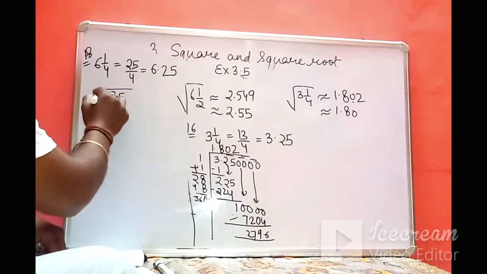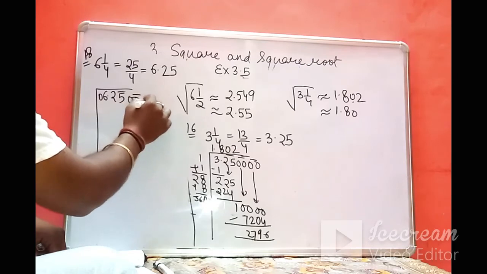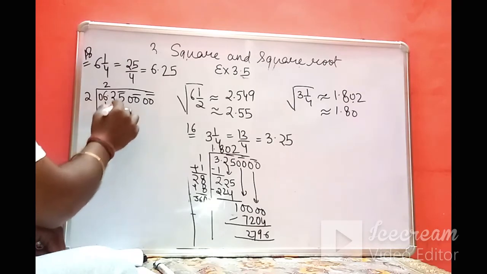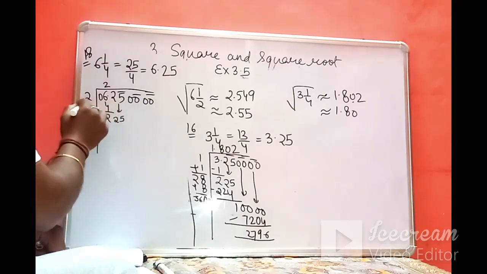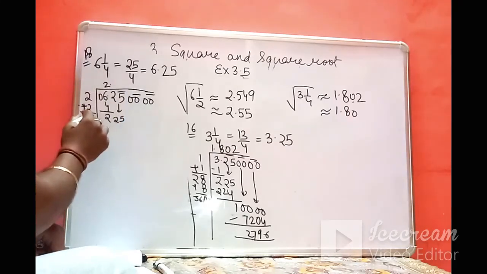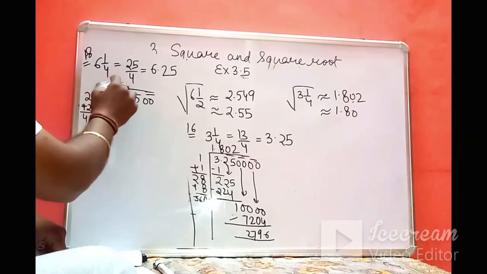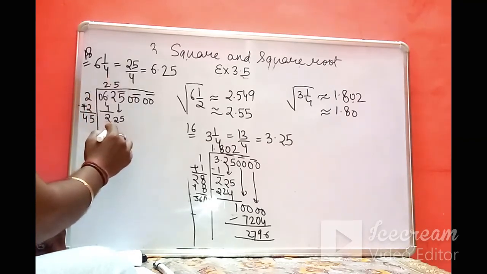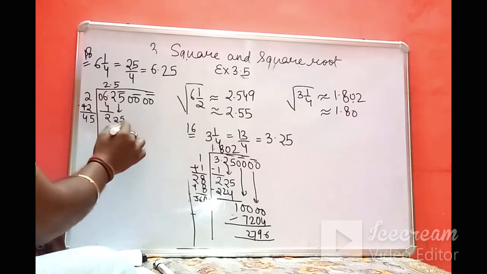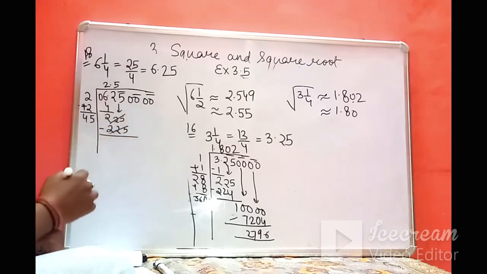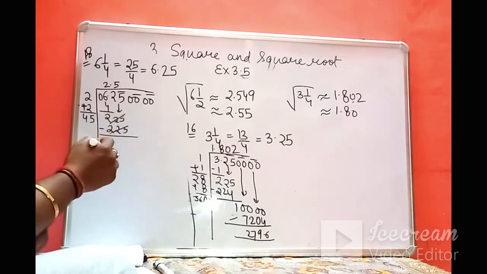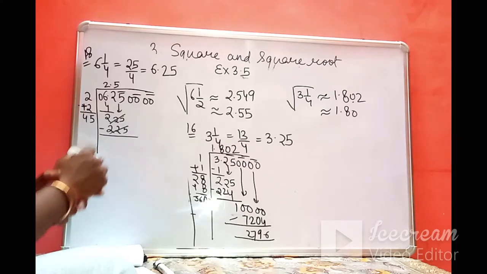Then form the pairs, 1, 2 pairs, then third pair. Then 2 into 2 is 4, 2, 25 plus 2, 4. Then I will put the decimal 5 and 5. So it is 2 to 5. Okay. So since our remainder is coming as 0, we will not proceed further.